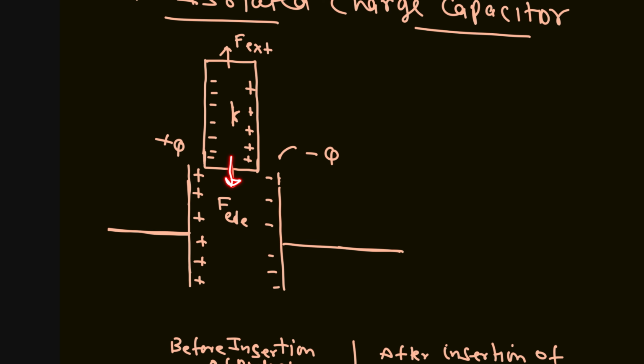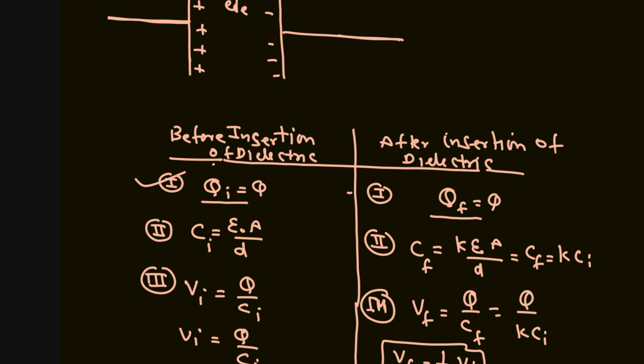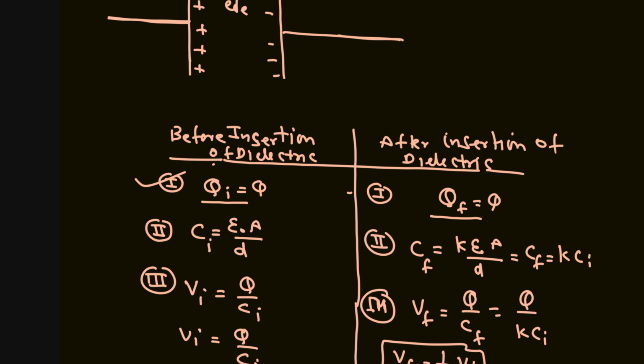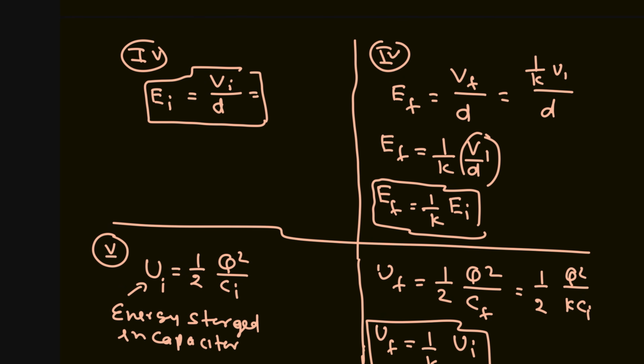Then it is automatically pulled in because of attraction of the charges. Then I apply an external force so that it moves with a constant speed, means slowly. Now I am going to study the changes of the potential, field, charges, electric field and energies.